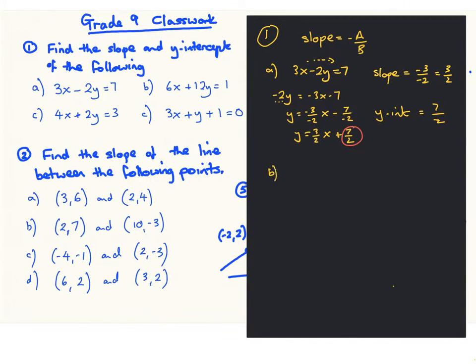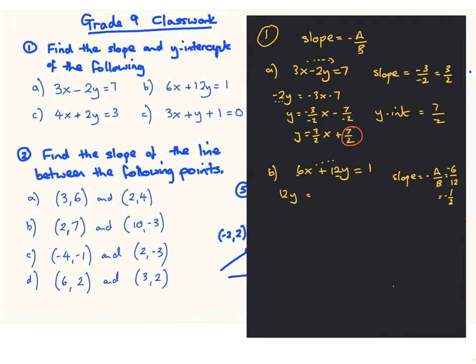B, 6x plus 12y equals 1. So we know slope equals negative a over b. A is the 6 and b is the 12, so it's negative 6 over 12, which is negative 1/2. Of course, we can prove that in a minute when we go to slope-intercept.